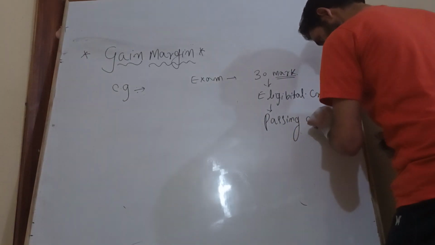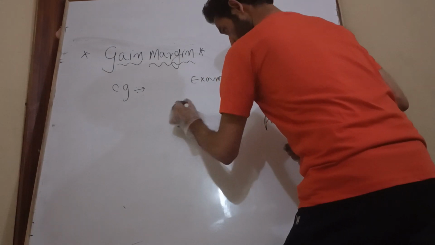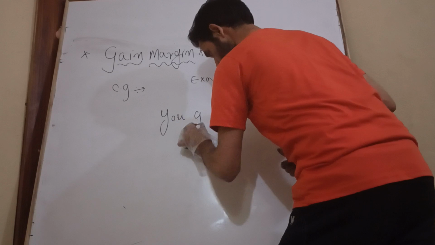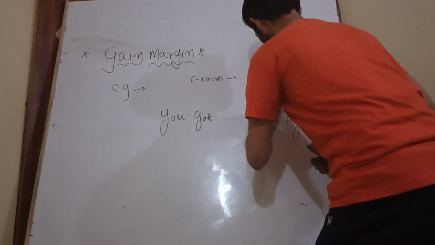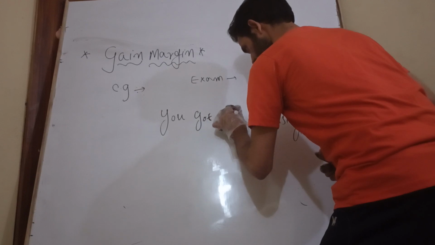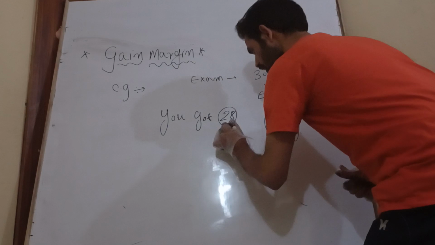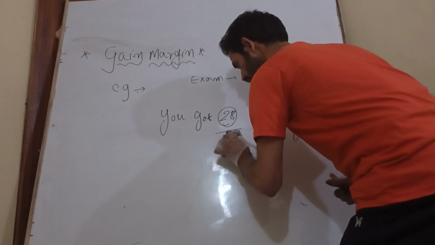Now, you got how many marks? You got 28 marks out of, let's say, 100.